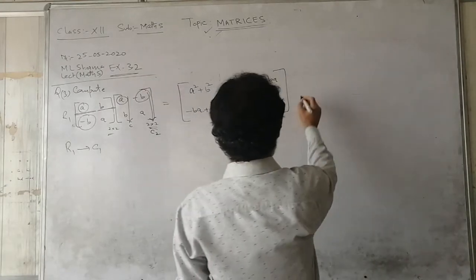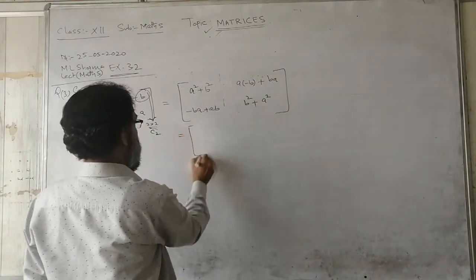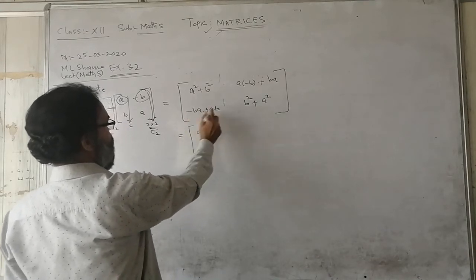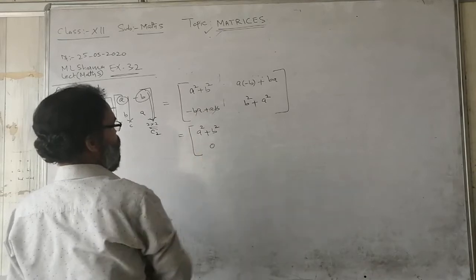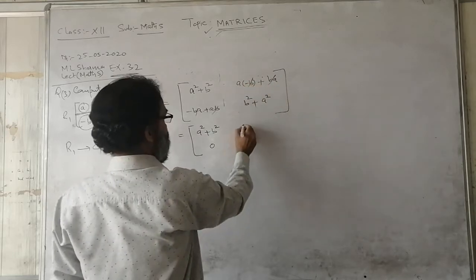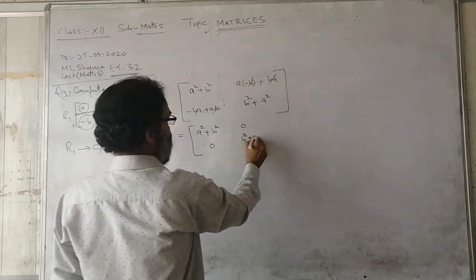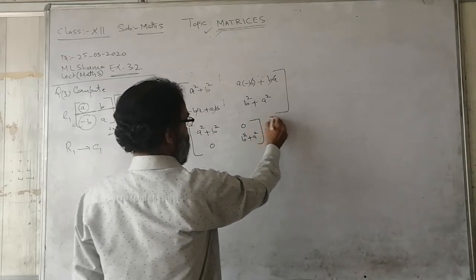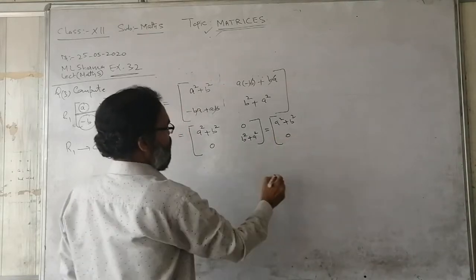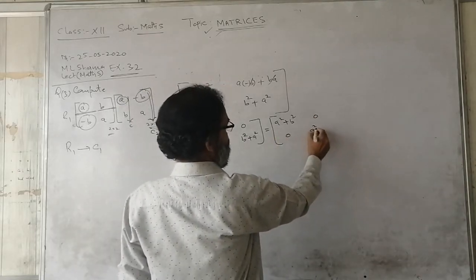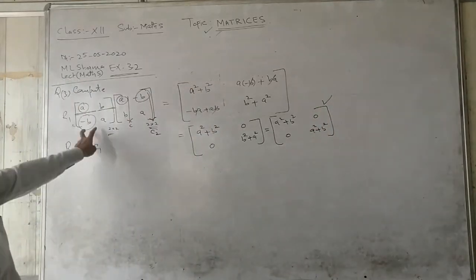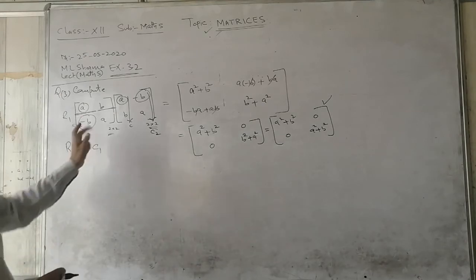So this will equal A square plus B square. AB positive and AB negative cancel, so 0 will be here. BA and BA here will cancel. So 0 here, 0 here, A square plus B square, and this is the product of the two matrices which were given.